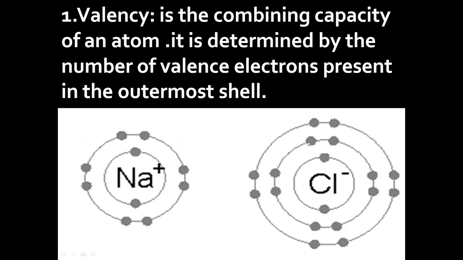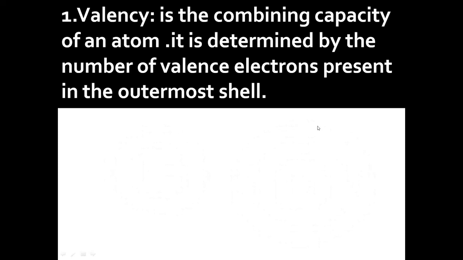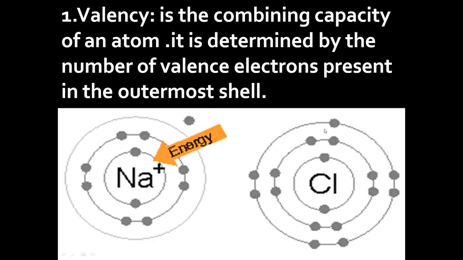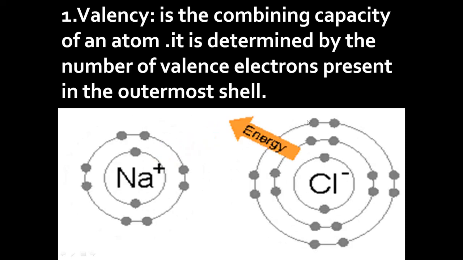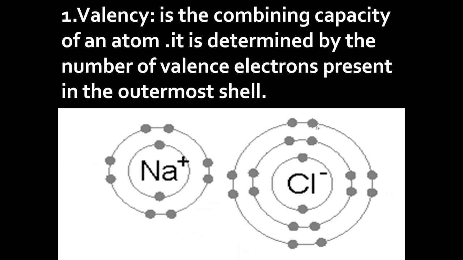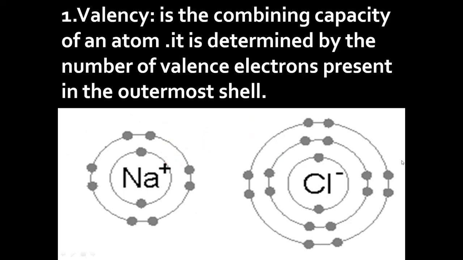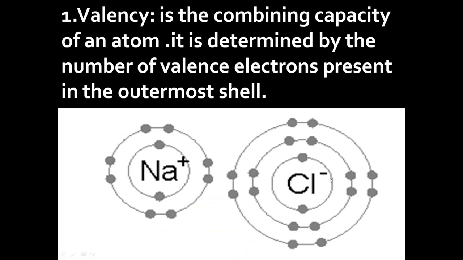Similarly, chlorine has 7 electrons in the outermost shell. These 7 electrons are the valence electrons. But chlorine accepts 1 electron to attain the stable octet configuration. Therefore, the valency of chlorine is 1 minus.